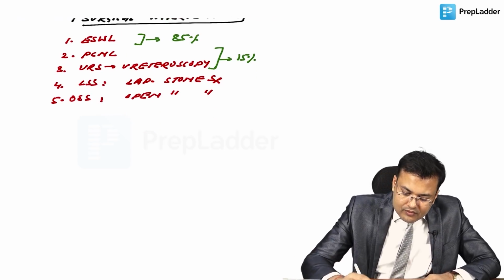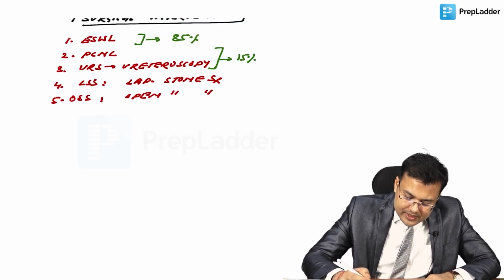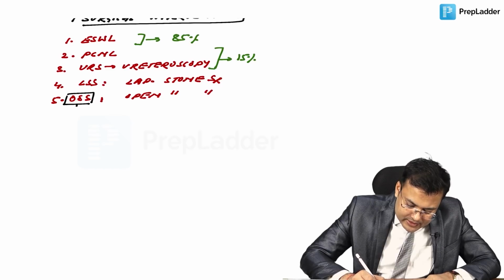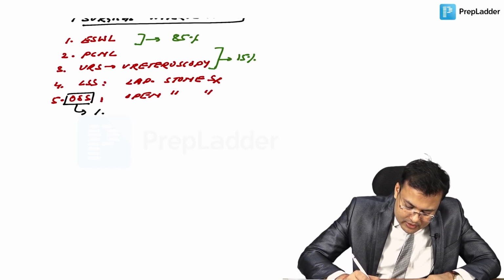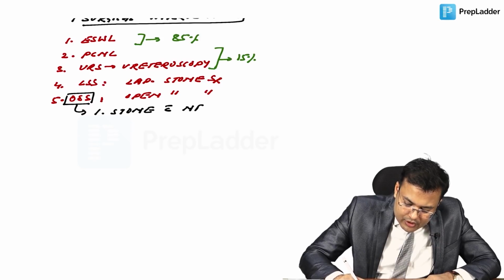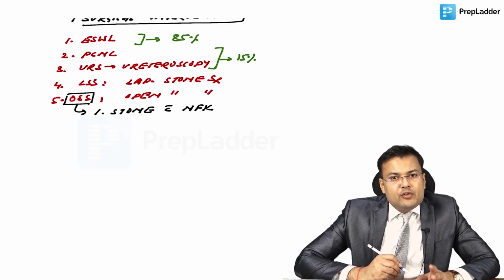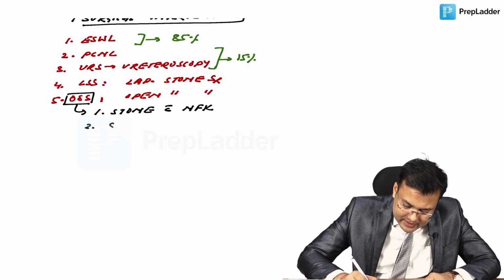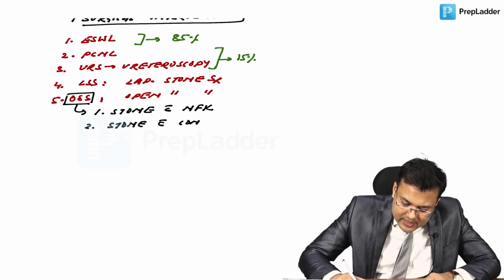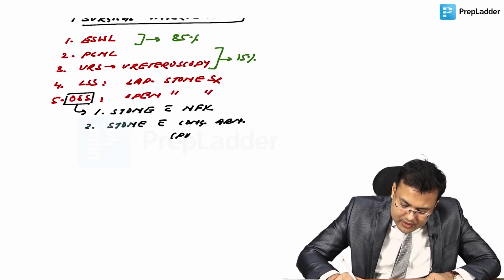So open stone surgery is done in which cases? First, stone with non-functioning kidney, we have to perform nephrectomy, and second, stone with congenital abnormality of kidney like PUJ obstruction.